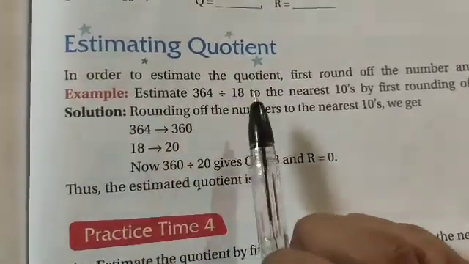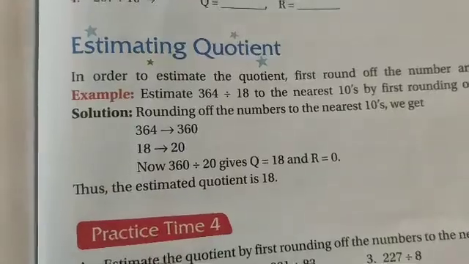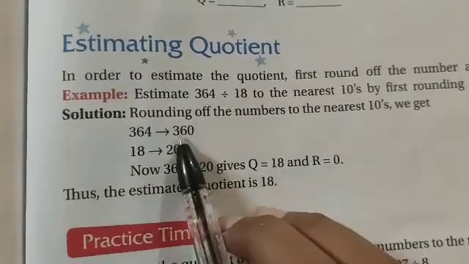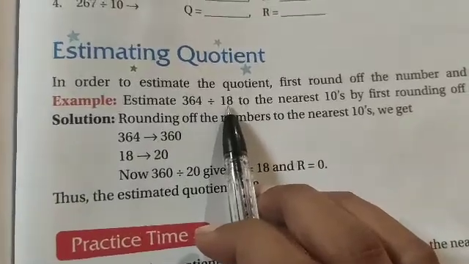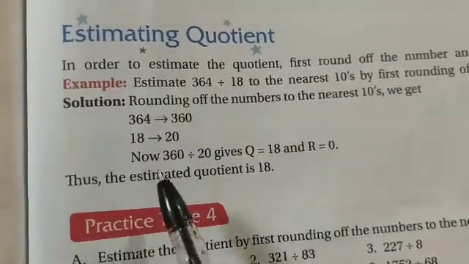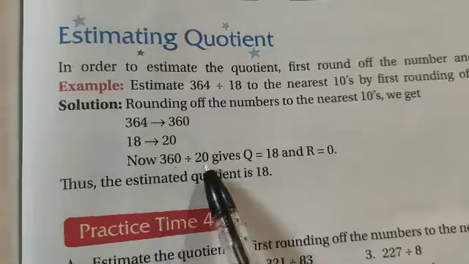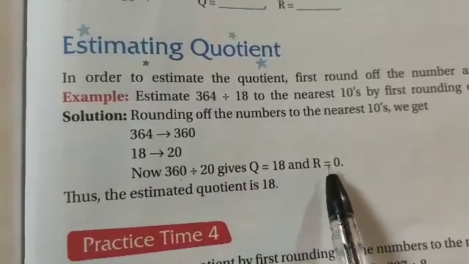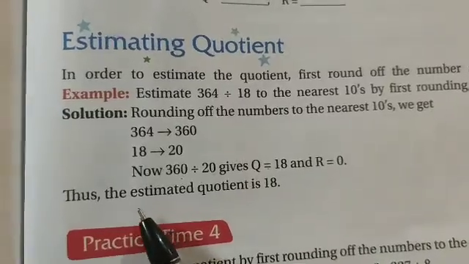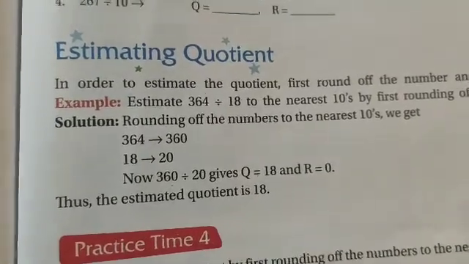So here we have to follow two steps. Step 1, we have to round off both the numbers that are in the division. Then second step, we carry out the actual division and estimate the quotient.